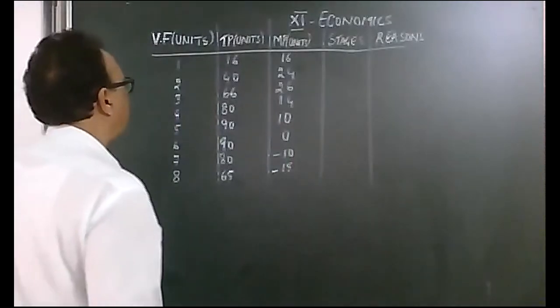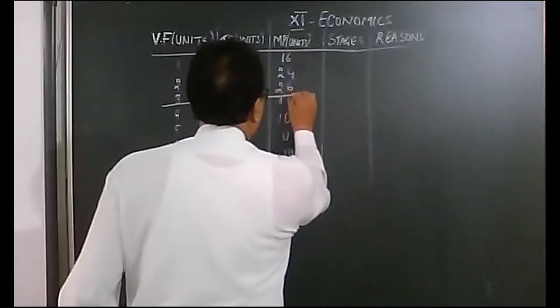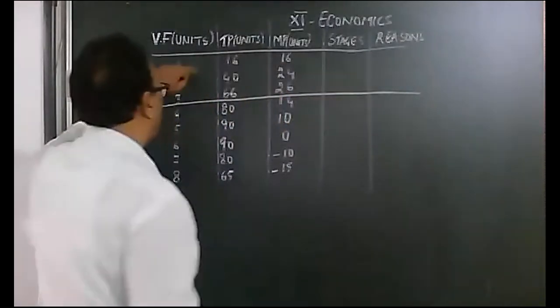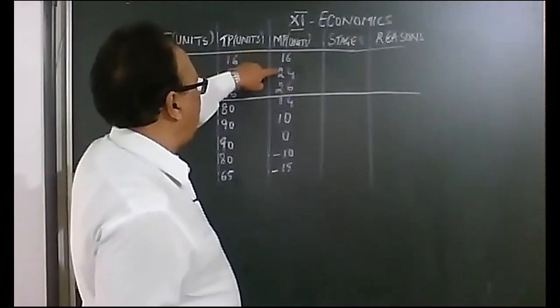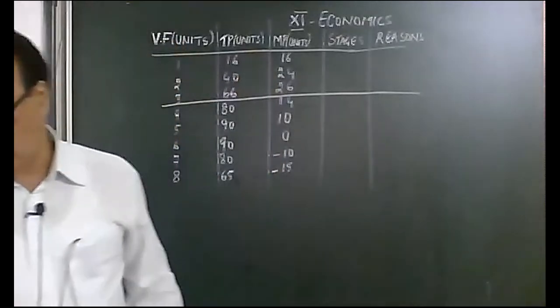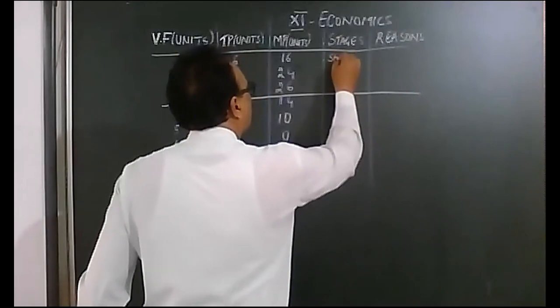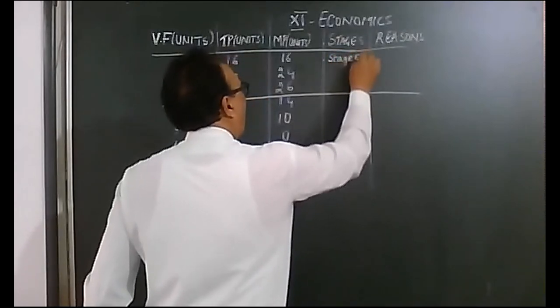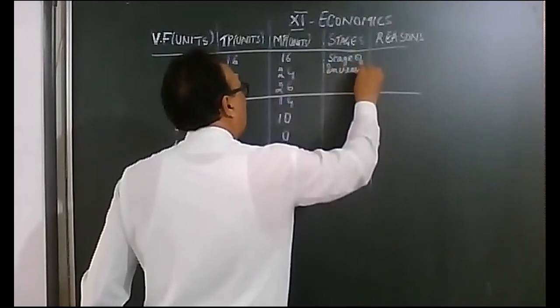Okay, now what do we see? Recognize the stages. In the first, second, third, TP increases at an increasing rate and MP increases. So this is stage number 1, your stage of increasing returns.